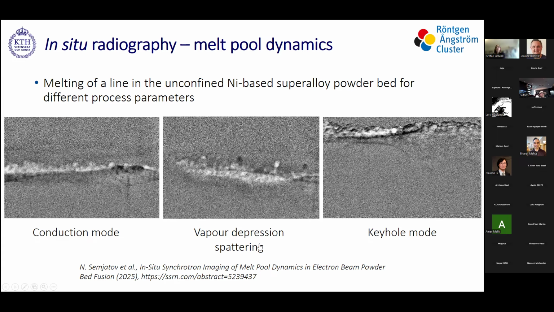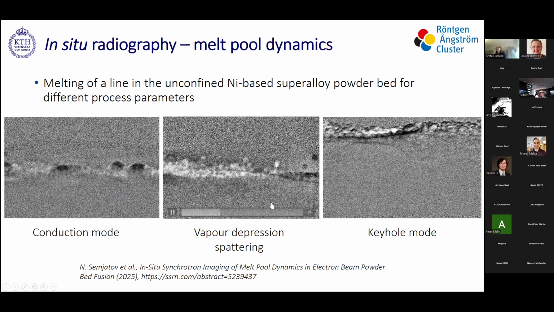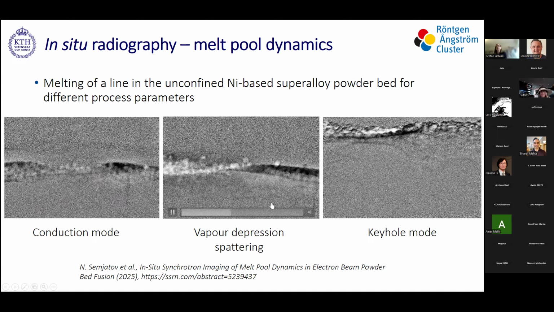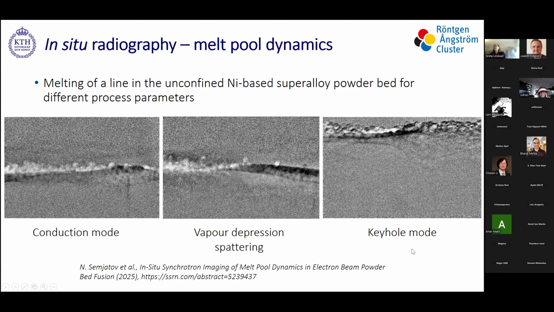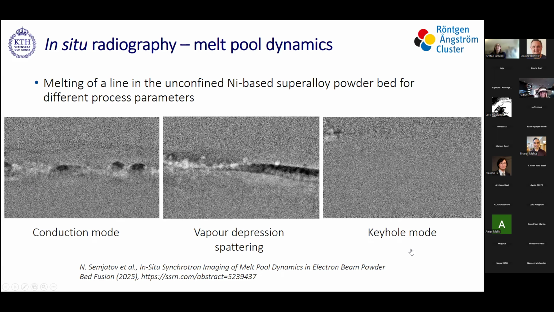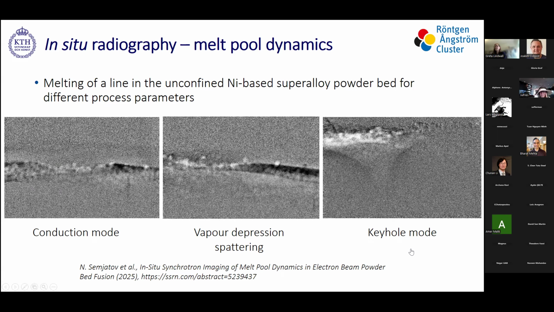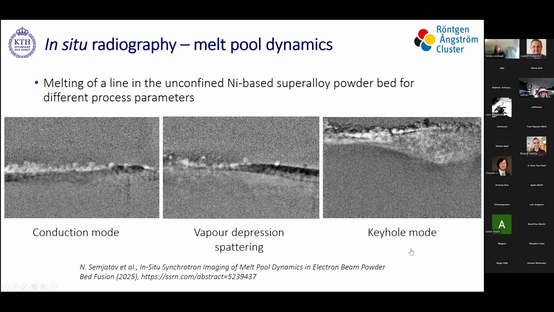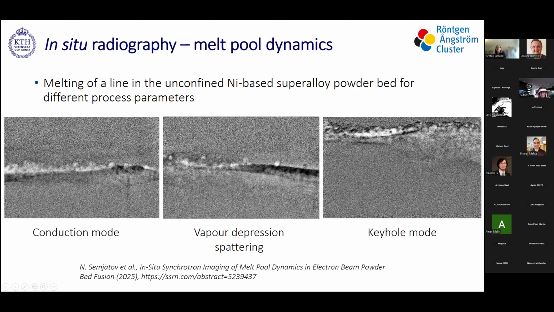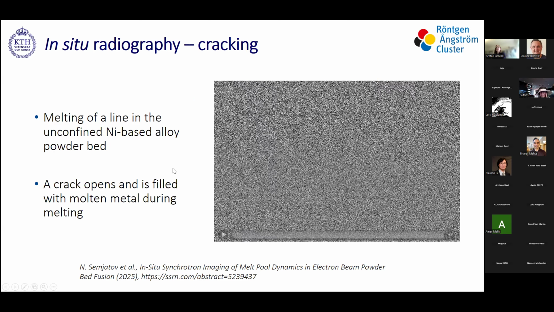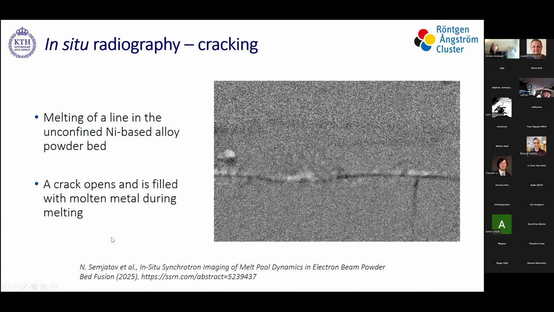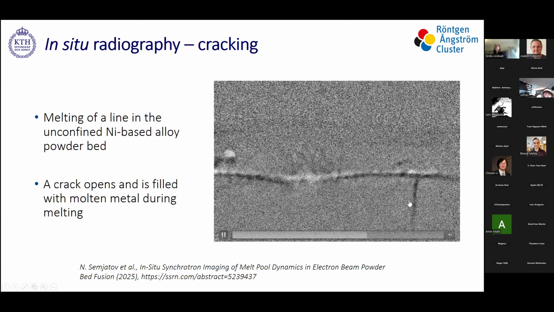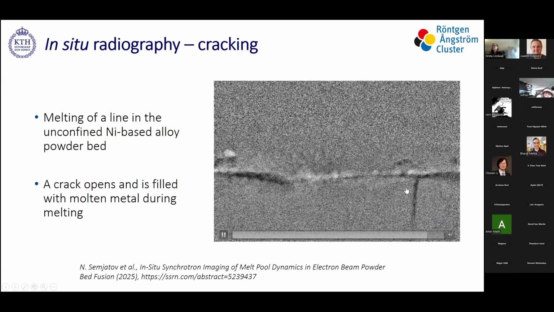There's no keyholing yet, but clearly it's evaporation driven. And in the third one, now there's keyhole formation in the powder bed. It looks like this in our case. They've also used it to look at cracking in nickel-based alloys. Here one sees that the crack is opened and filled with molten metal.